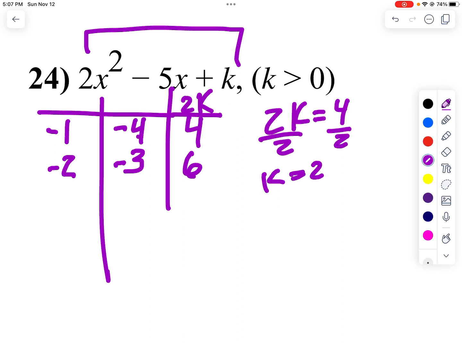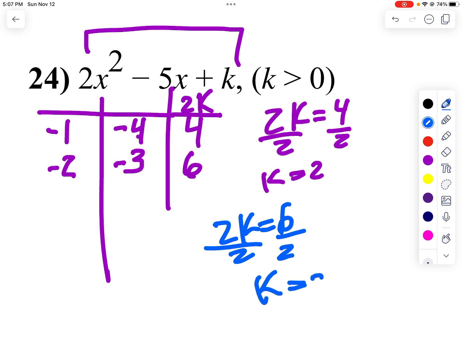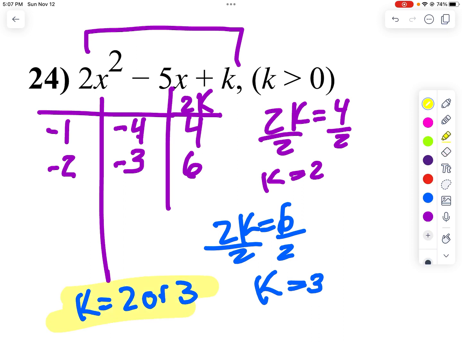If I do 2k equals 6, divide by 2, k would equal 3. So my answer is 2 or 3 to make it factorable. Anything else, it would not be factorable.